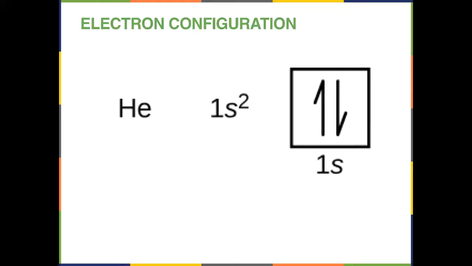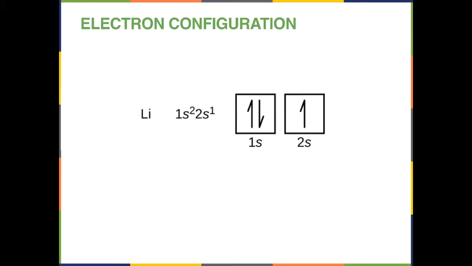And there are 2 electrons there, so that's 1s2. And then the orbital diagram shows 2 electrons with opposite spins. So these 2 electrons would have the same quantum numbers, except one would have a spin number of plus 1/2, the other would be minus 1/2, so that Pauli's exclusion principle would still be taken into account.